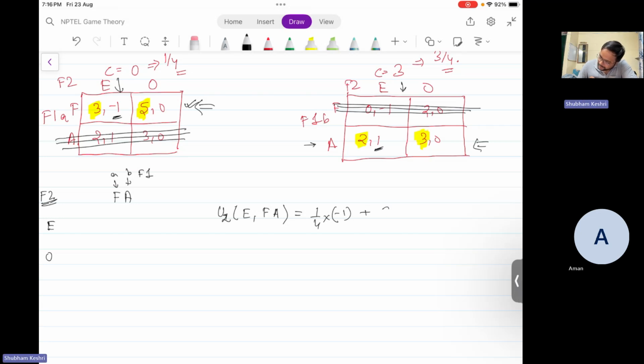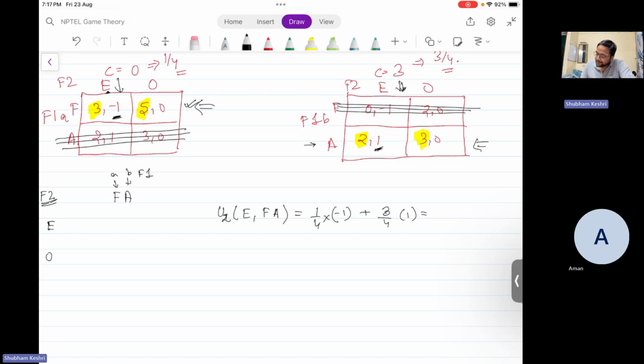Plus 3/4 of the time, when he is playing E and 1B is playing A, he is getting a utility of 1.